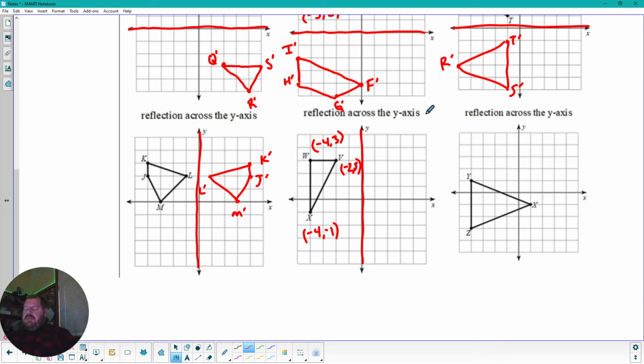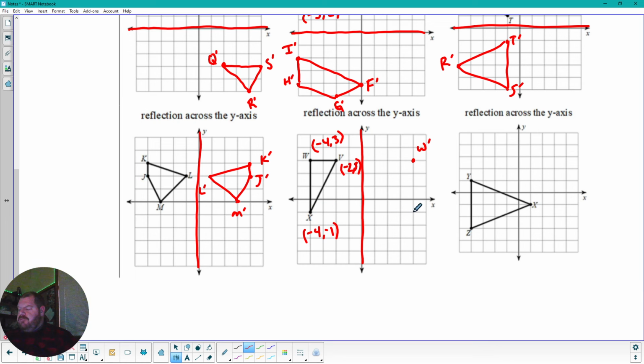Let's go ahead and start with W. W moving from -4, 3 will turn into the opposite of -4, which is +4. I think I said -3 for this, but it is +3. So +4, +3. So this is where W prime will move. X is at -4, -1.